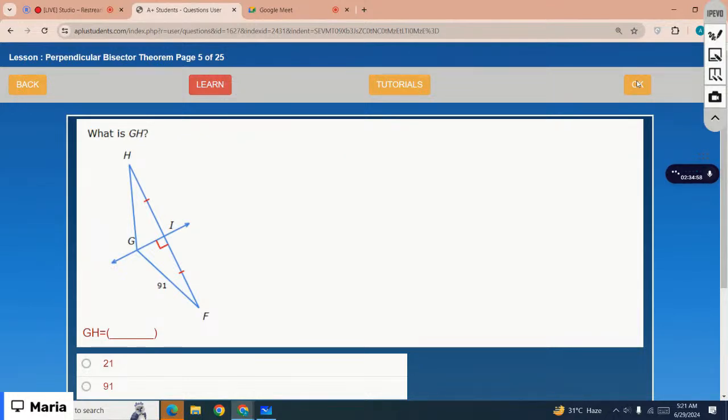What is GH? Which is the correct option? GH equals 91.